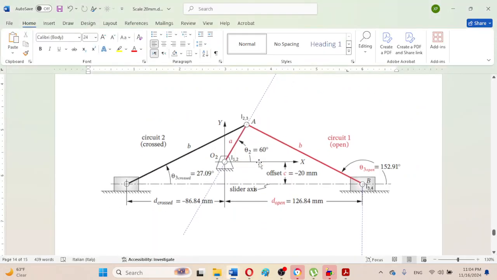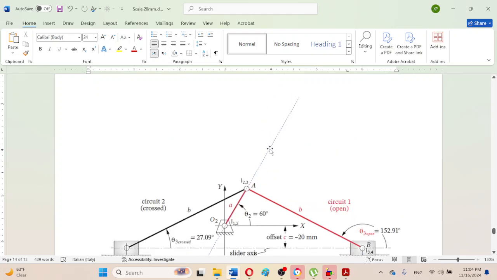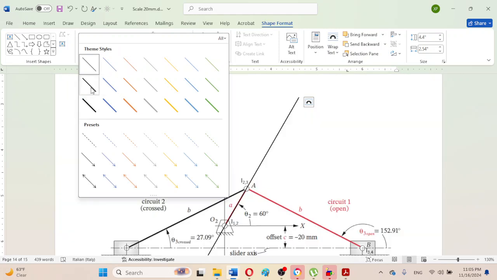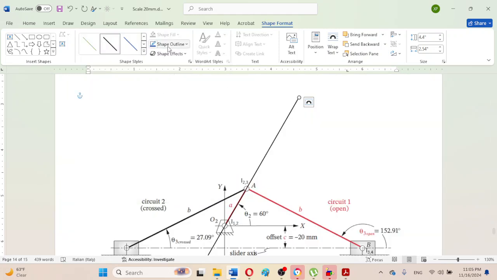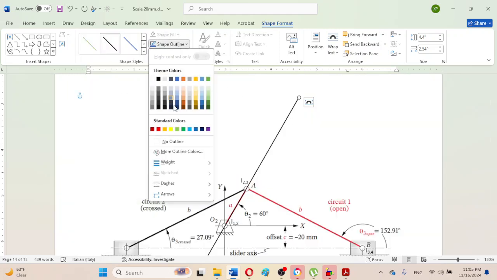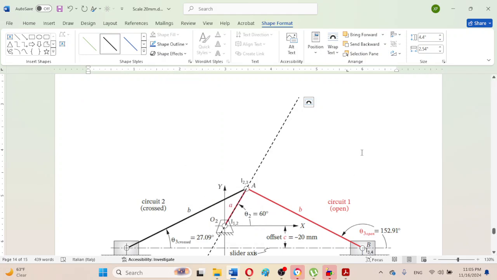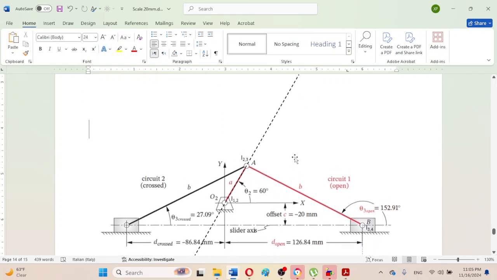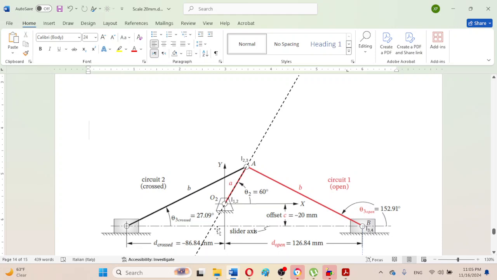The third instant center will be located on this line.